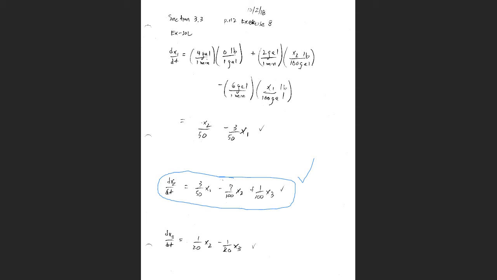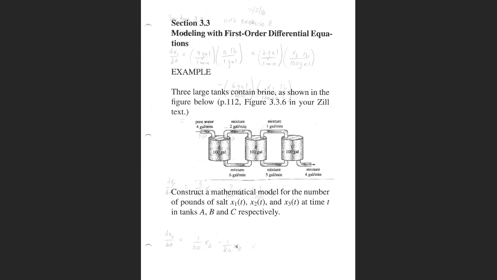And then finally, going back to the picture, for tank C, you have two outgoing mixtures that add up to 5 gallons per minute, and an incoming mixture from tank B, and you can show that dx3/dt is going to equal that differential equation. So of course you can confirm that.